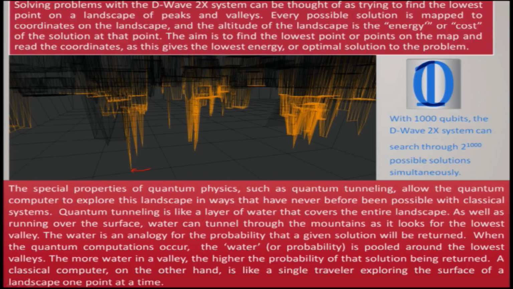The aim is to find the lowest point or points on the map and read the coordinates, as this gives the lowest energy or optimal solution to the problem.